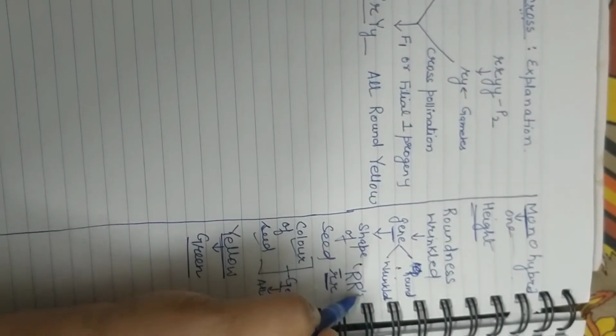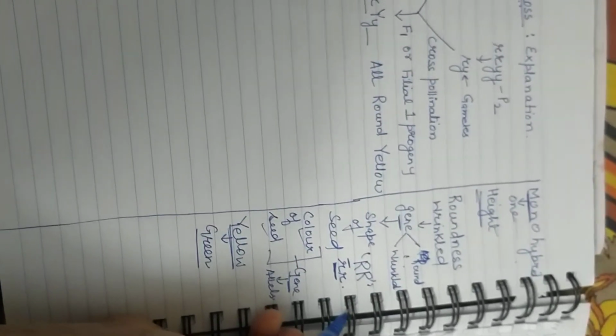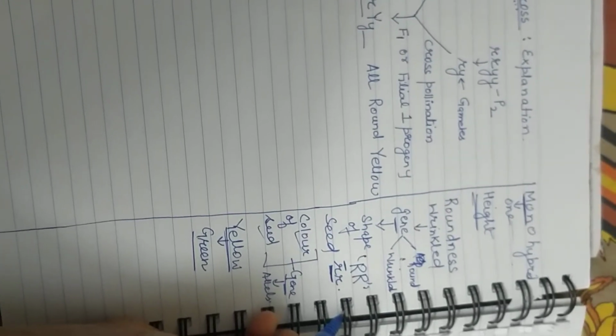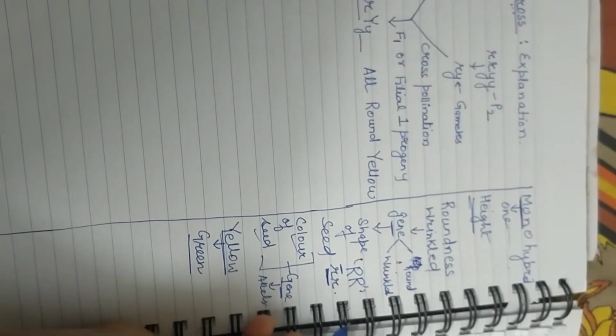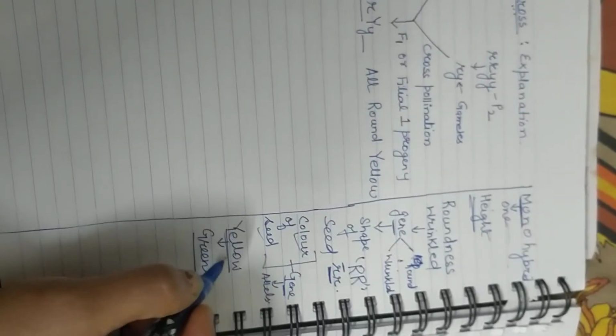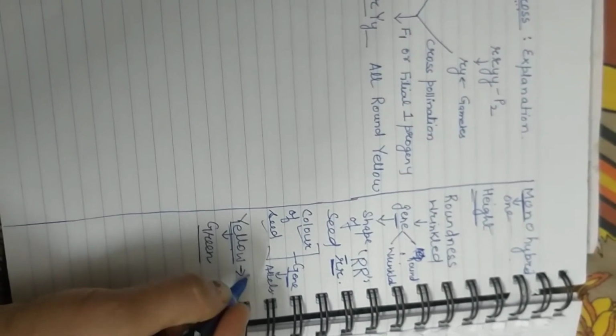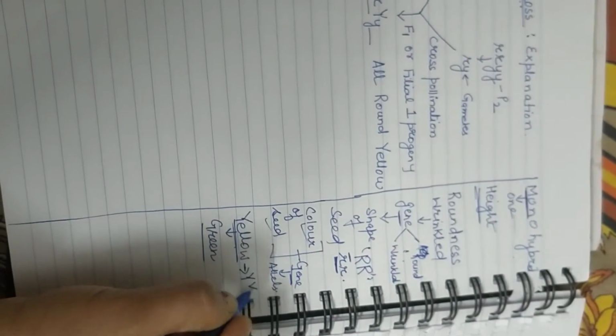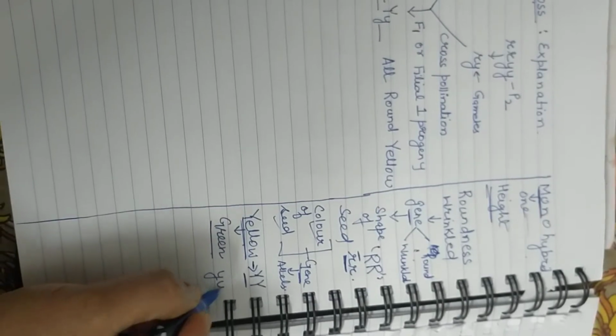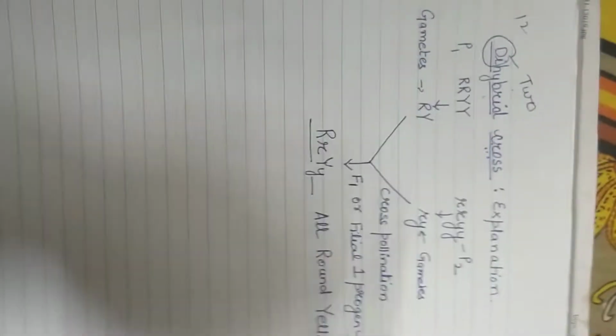What is a dominant trait and what is a recessive trait, I had already discussed in the last video. Similarly here also Mendel denoted the yellow color of the seed with capital Y, and the green color with small y.